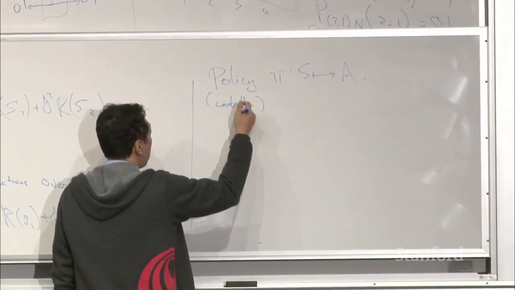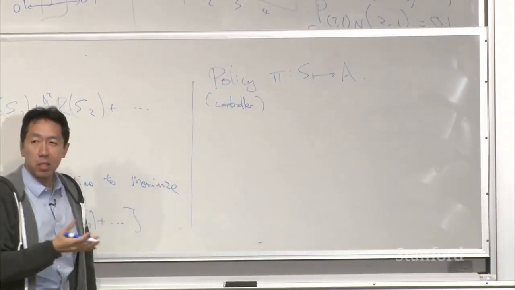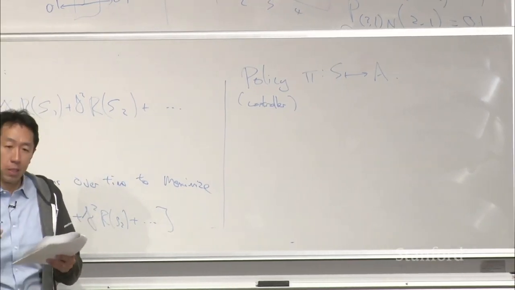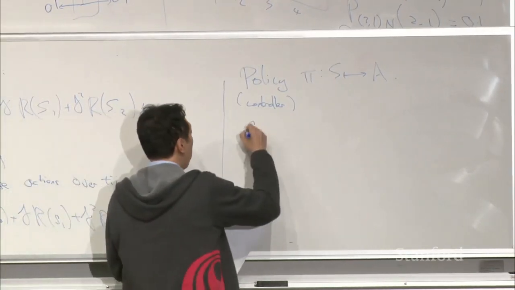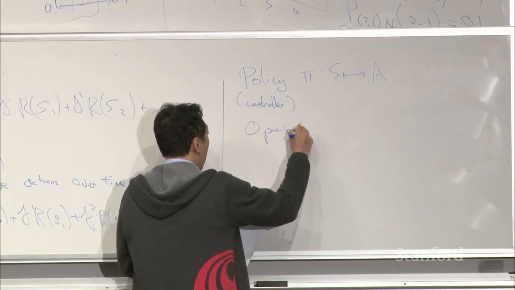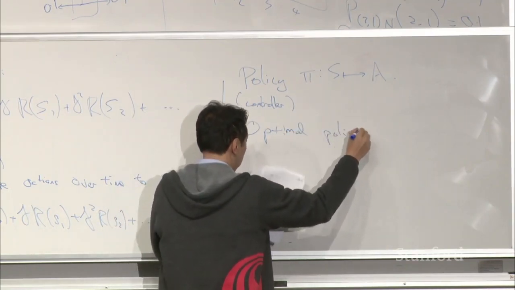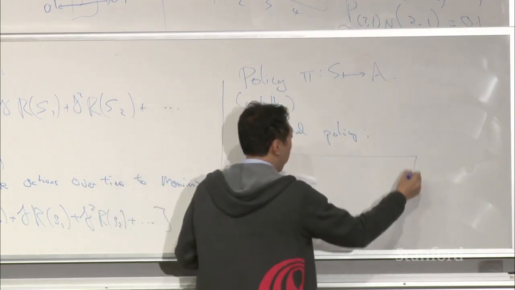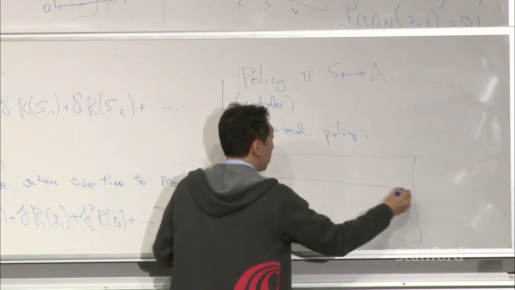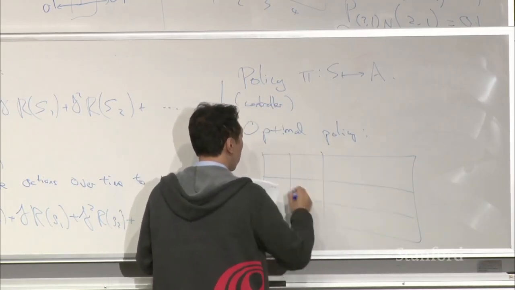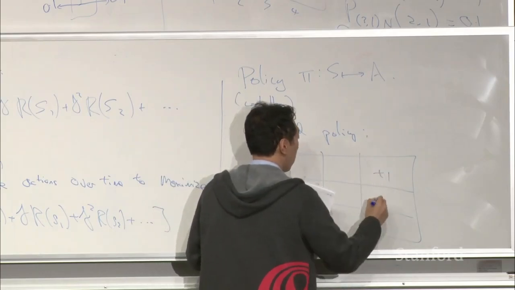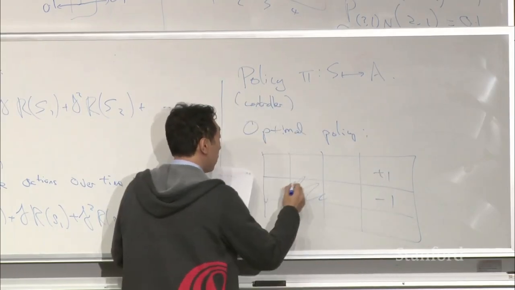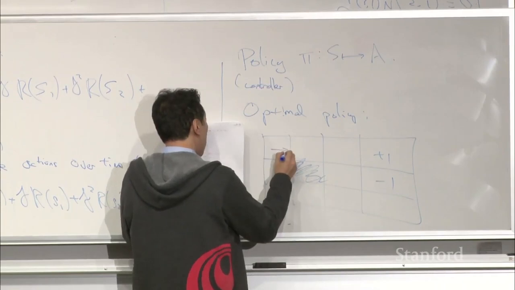In the RL world, we tend to use the term policy, but policy just means controller that maps from states to actions. So it turns out that for the MDP that we have, right, it turns out that this is the optimal policy.